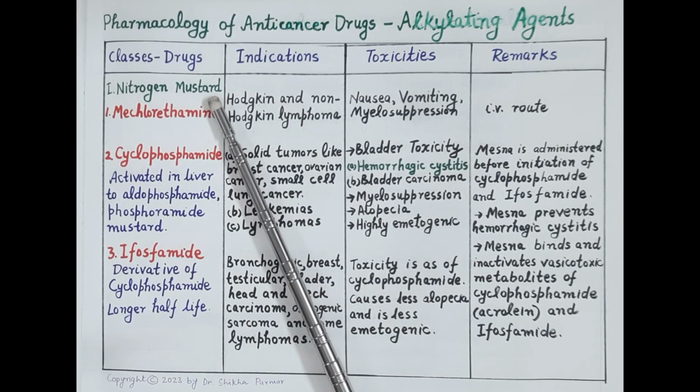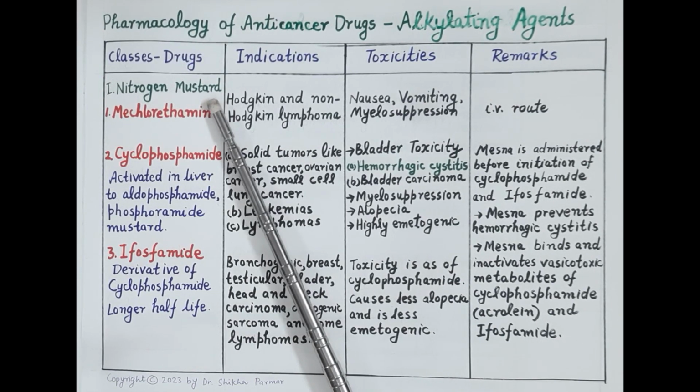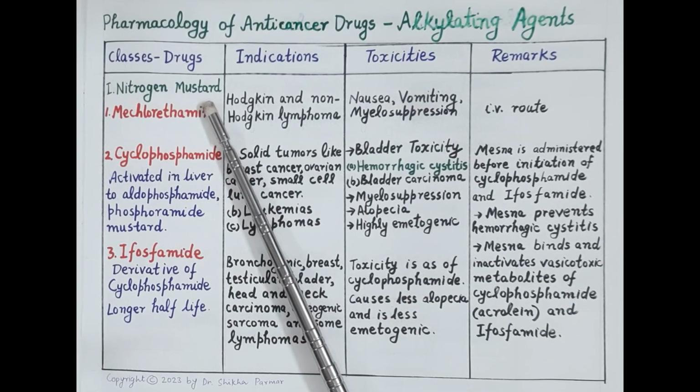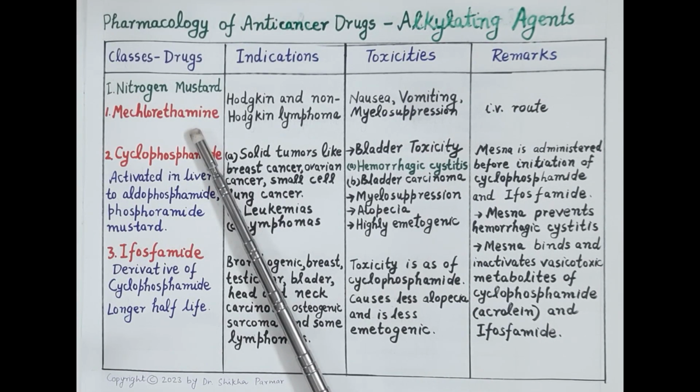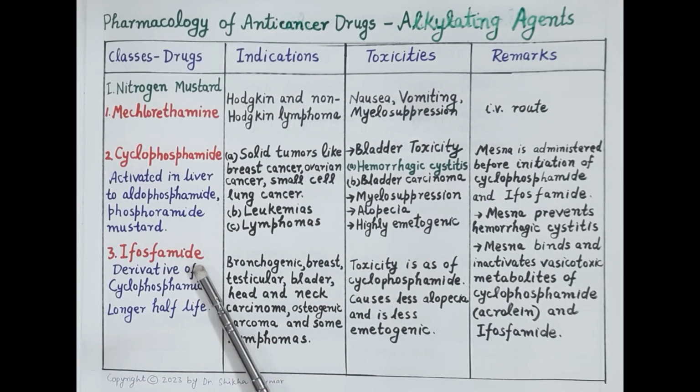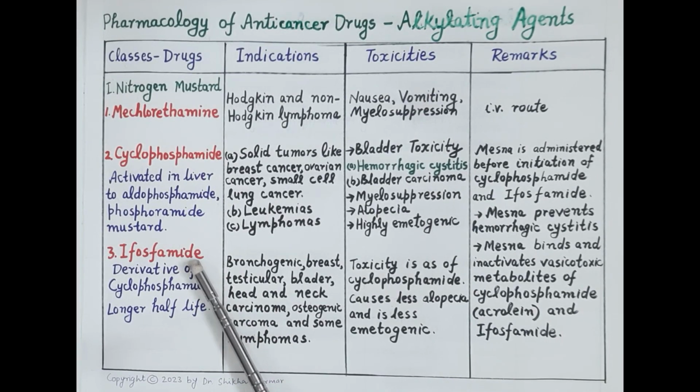Other classes are ethylenimine, alkyl sulfonates, nitrosoureas, triazine, and methylhydrazine. The first class of alkylating agents we are going to study here is the nitrogen mustard. Drugs that belong to this class are mechlorethamine, cyclophosphamide, ifosfamide, chlorambucil, and melphalan.